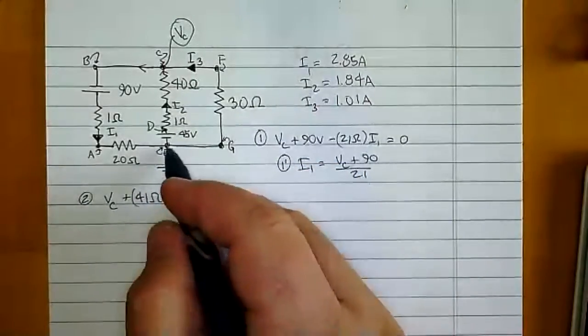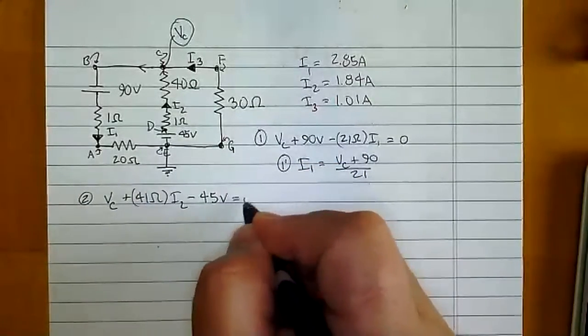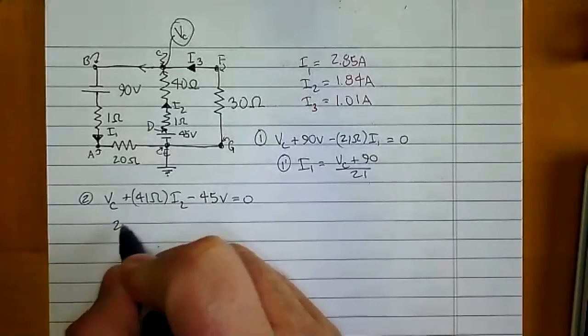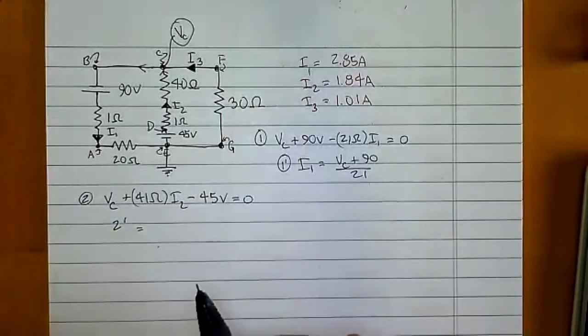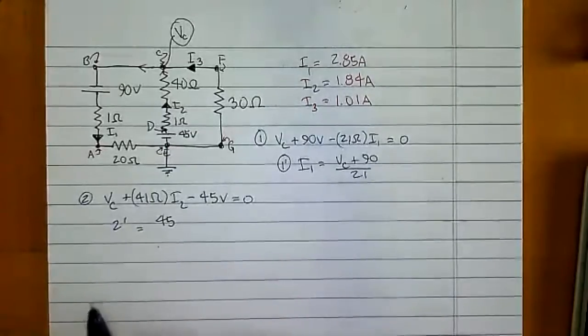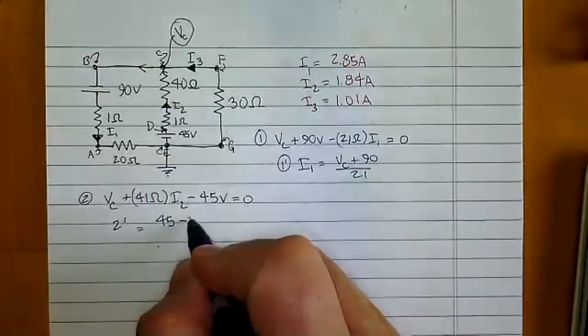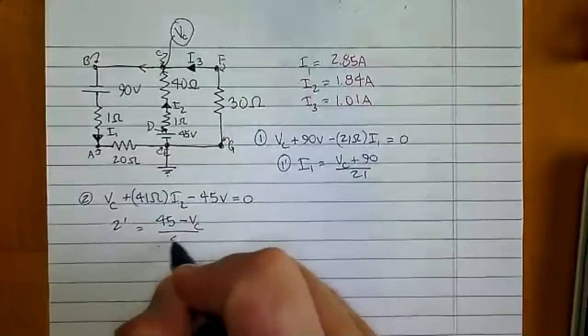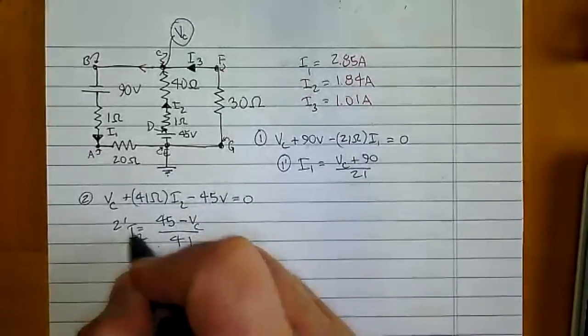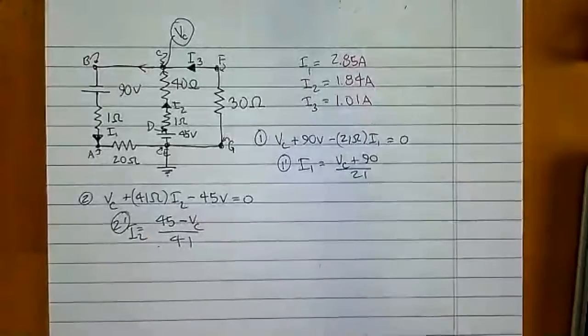And I'm back to the ground spot, so that's all equal to 0. And this tells me that 2 prime is in fact equal to 45 minus VC over 41 is equal to I2. Notice I'm going to drop the units here just like I did over there. So that's equation 2 prime. Again, that's the one we're going to use.